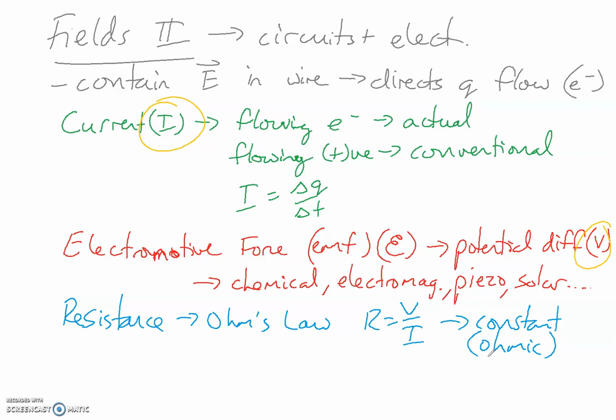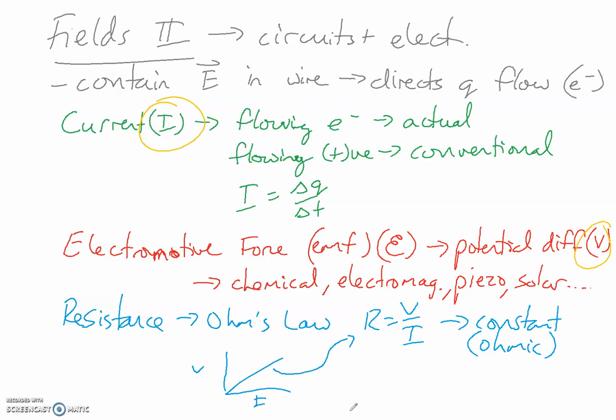If they're not, then they're not considered ohmic. And if you plot things out, if you do a little V-I graph, typically as you increase the voltage or EMF on something, you should get more current, and you want a straight line. If it follows a straight line, that slope is your resistance, and it will be ohmic if it's nice and straight.